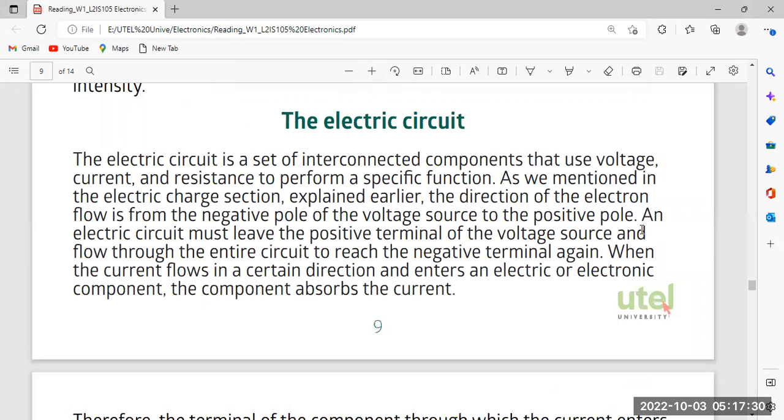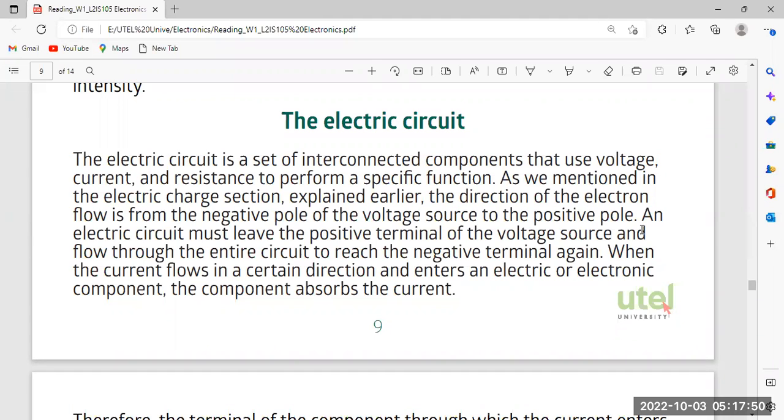Now, coming to today's lecture, the topic for today is the electric circuit. Today we will see what we mean by an electric circuit, how it works, what its different polarities are, and what its functionality is.